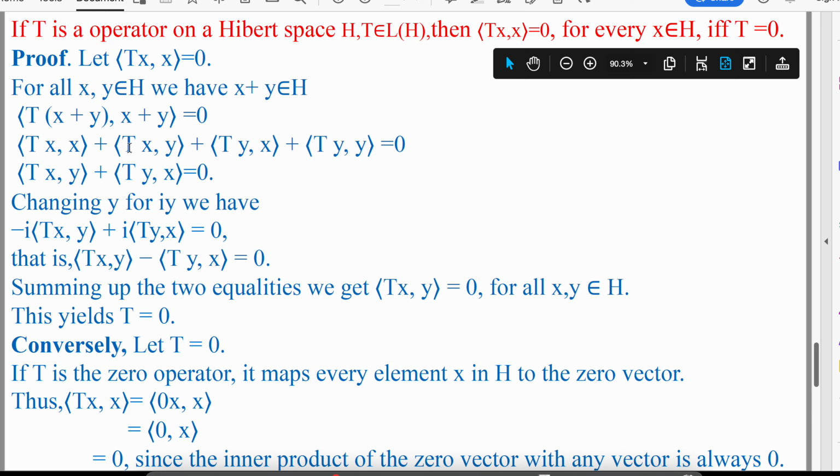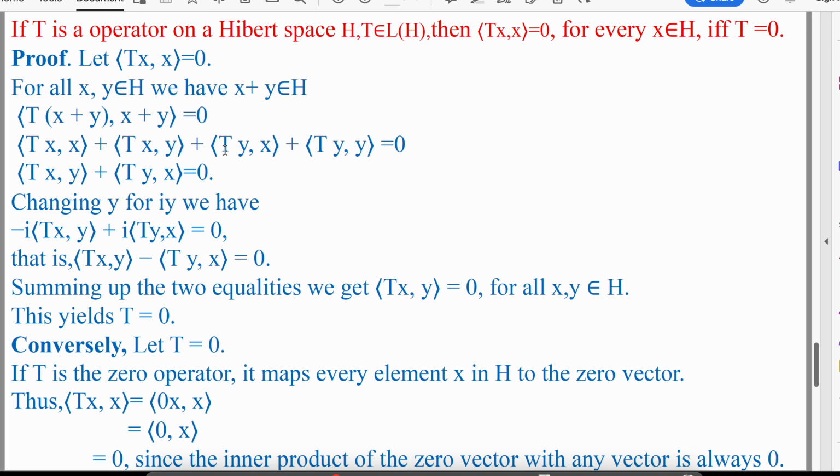So we are left with the inner product of Tx with y plus the inner product of Ty with x equal to 0. If instead of y we write iota y, then the inner product of Tx with iota y will be minus iota times the inner product of Tx with y, because iota is on the right side.